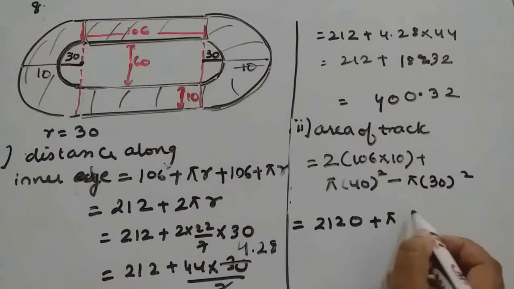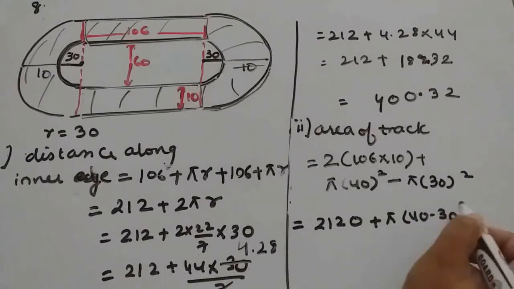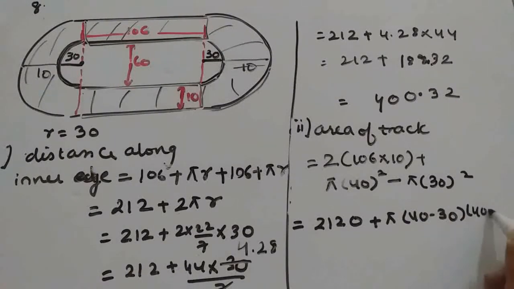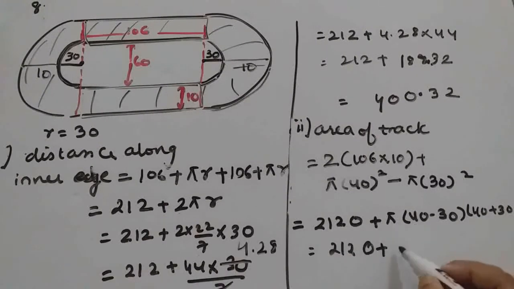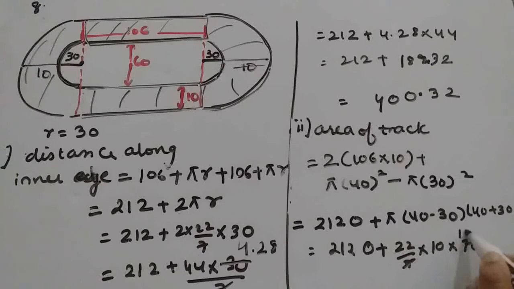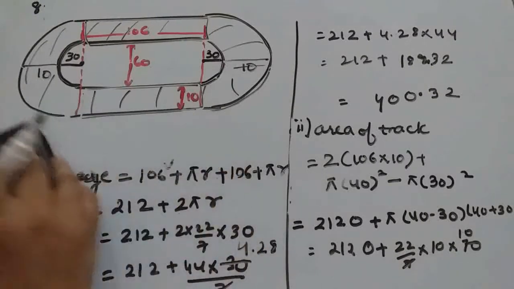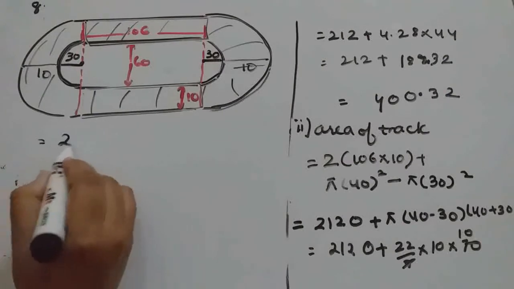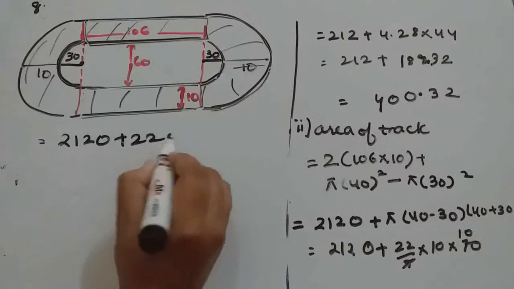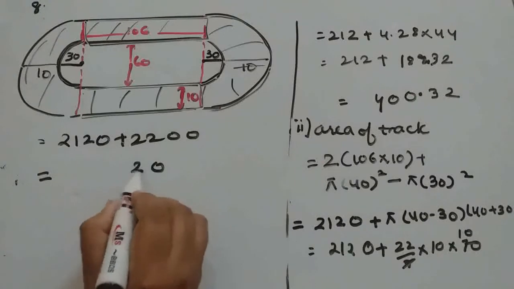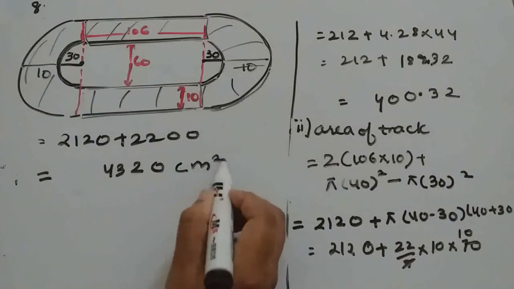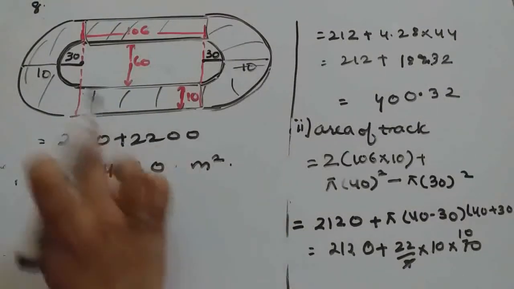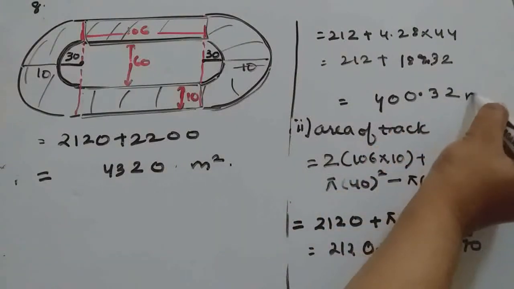For this pi we can take common, 40 minus 30, 40 plus 30. So 22 by 7, 10 and 70. So 7 will go. So finally the answer will be 4320 meter square. All the units are in meter, so this also will be in meter.